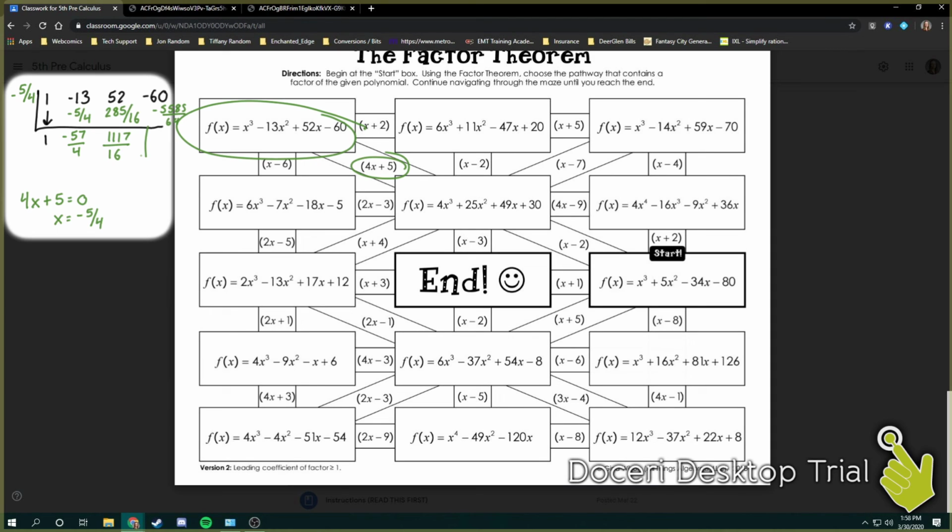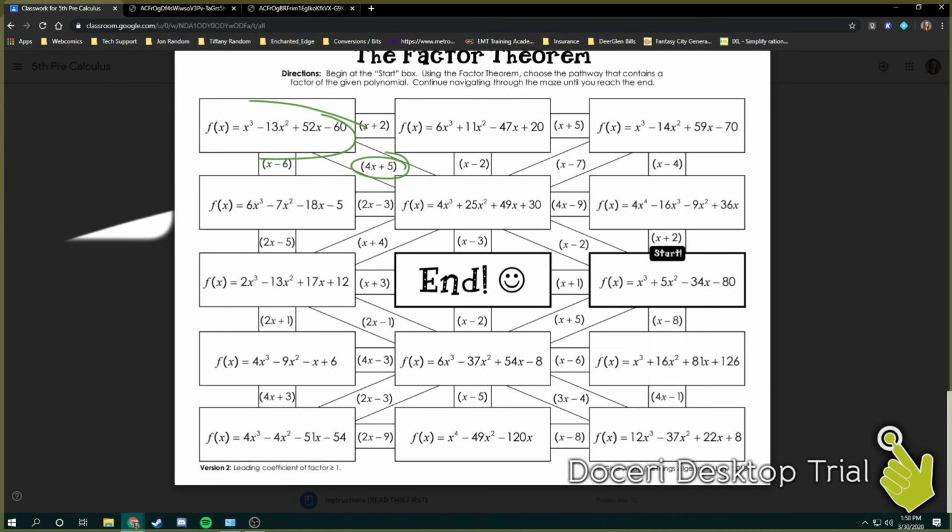Okay. So in addition to that problem, that's not a pathway that you end up taking in this assignment. It's actually not even one you end up having to test, but it's there. What I will tell you is that this is a correct pathway.